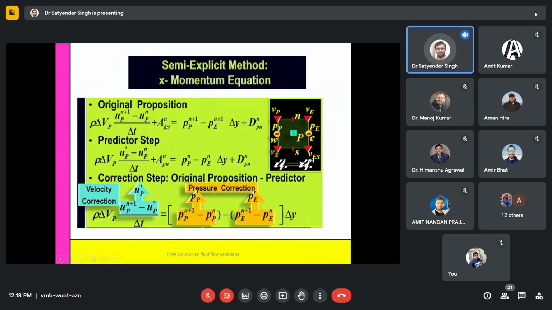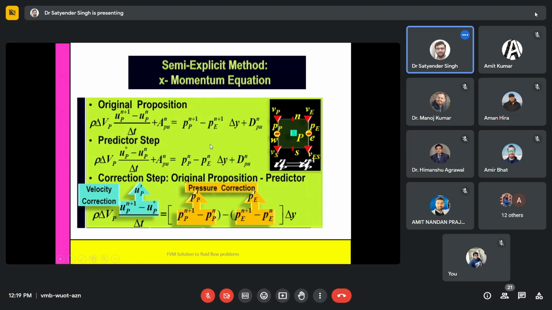For this advection term, I told you we need to calculate the momentum fluxes based upon the advection schemes. And for diffusion, we need to make use of a piecewise linear approach, where we will be making use of Newton's law of viscosity to give the discretized form of the diffusion term.